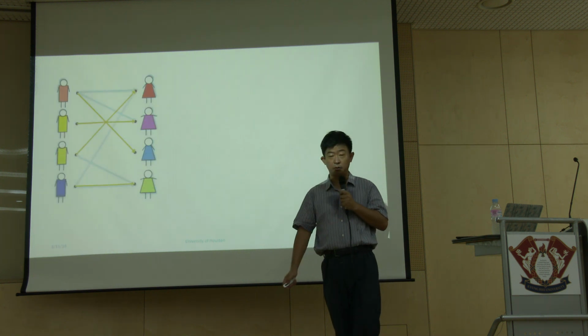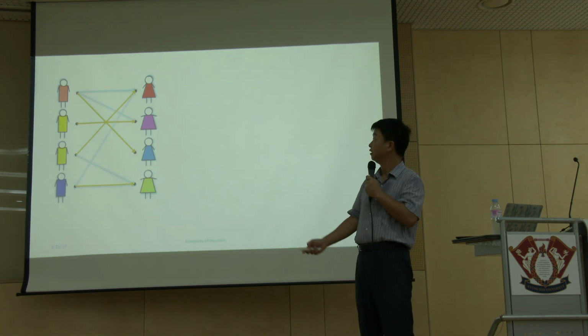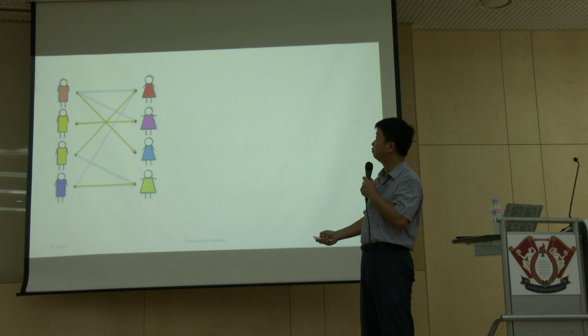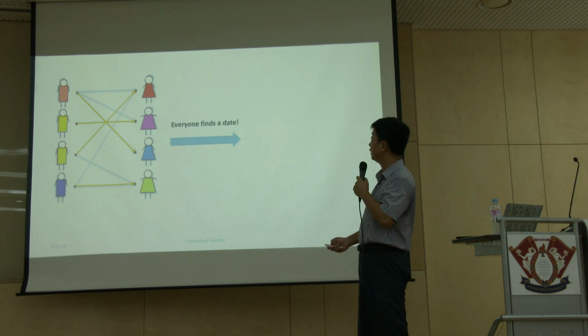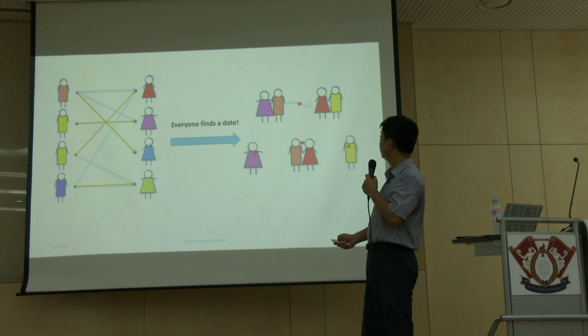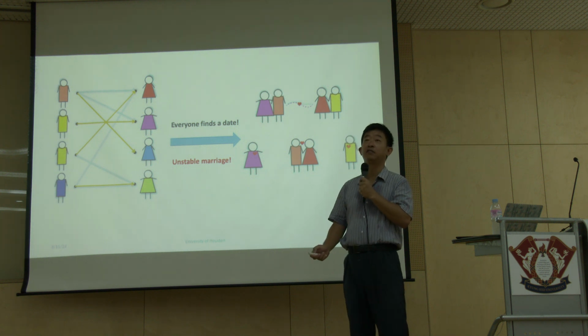The basic story is that the matching game starts from dating. A group of men try to date a group of women. The goal is to find everybody a date, such that they can get married, and we want to prevent unstable marriage. This is the original goal.